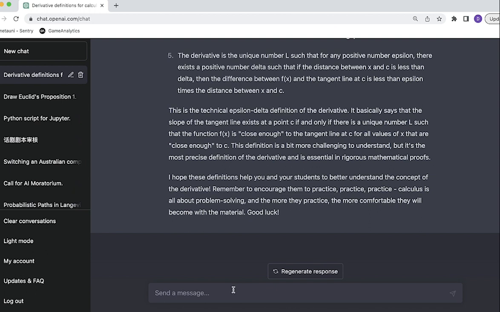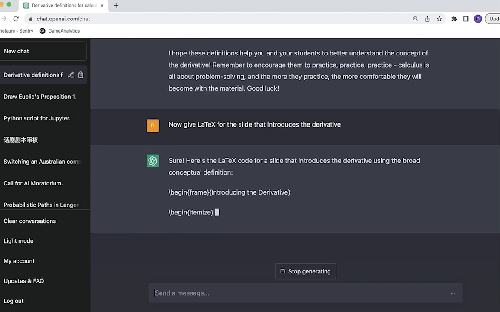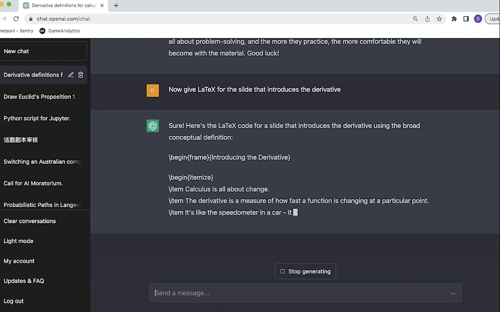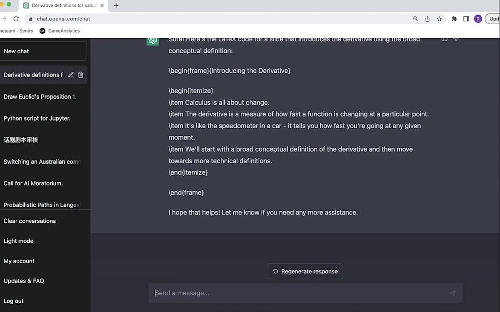Calculus is all about problem solving. Okay, good. That's a bit low level.